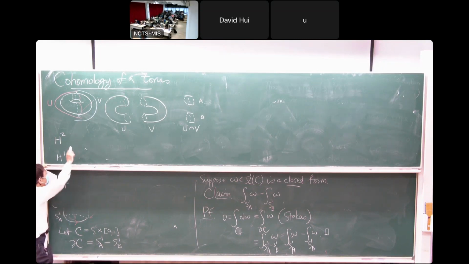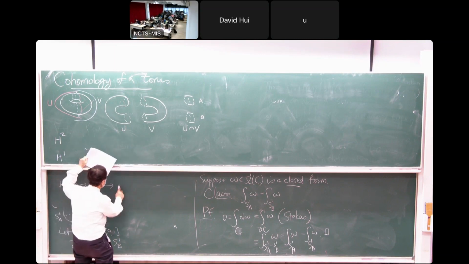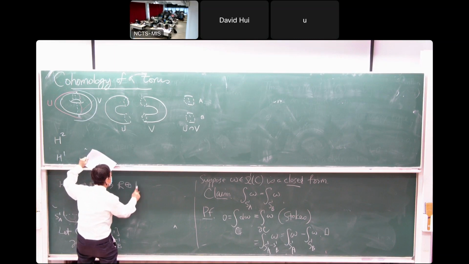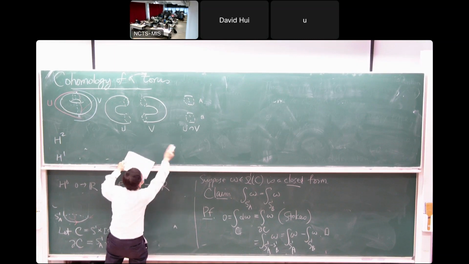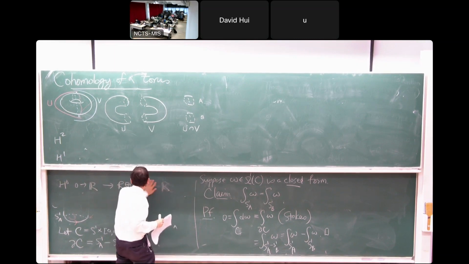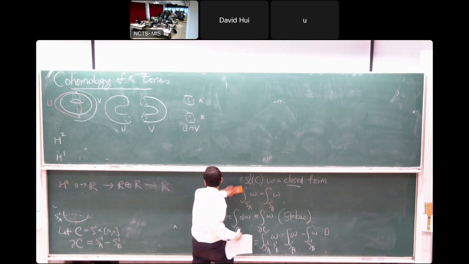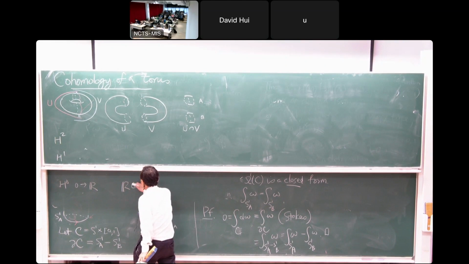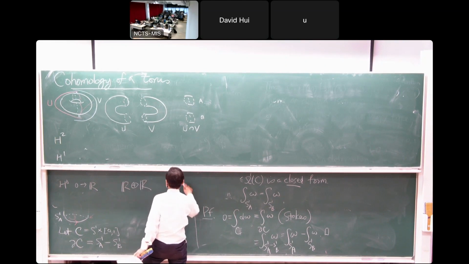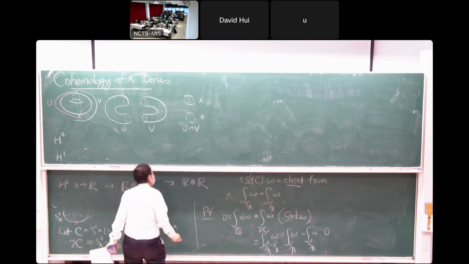The torus is connected. So H0 is R. U and V are connected. So H0 is R plus R. And then the intersection, oh God, the intersection is way over there. Okay. That's H0.